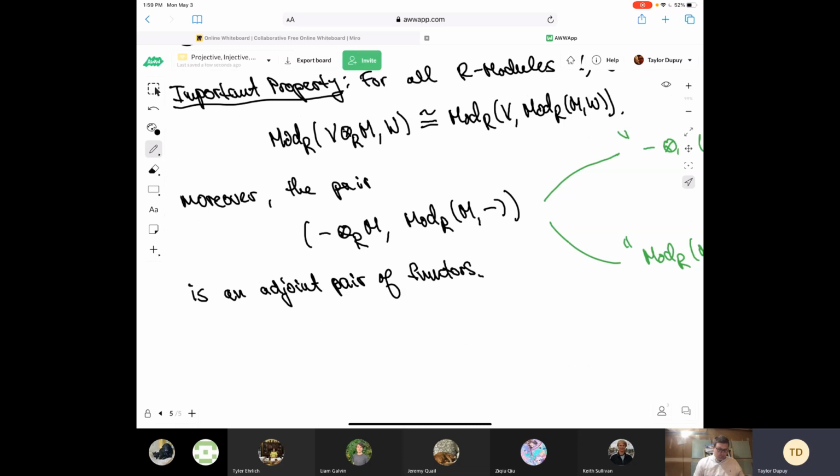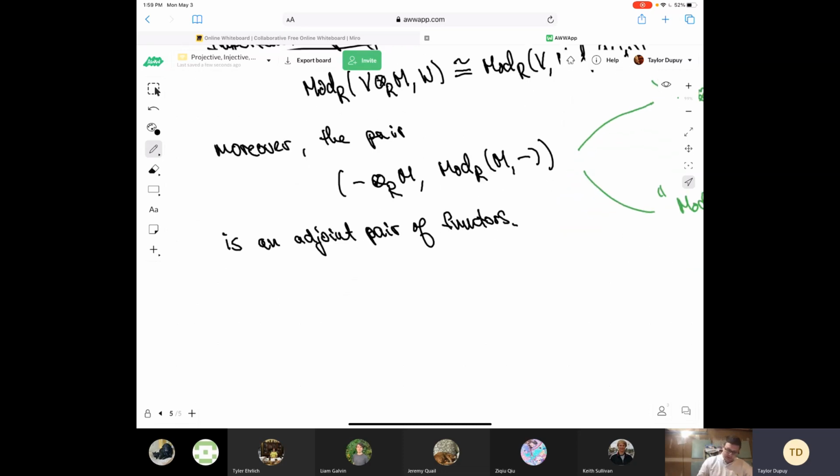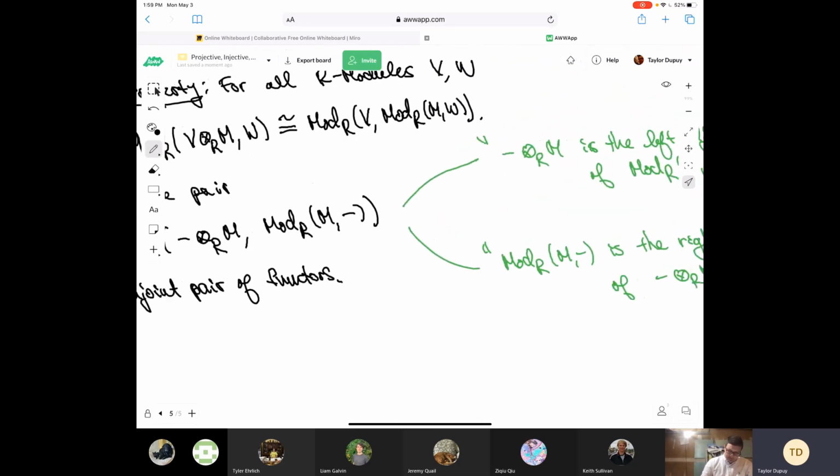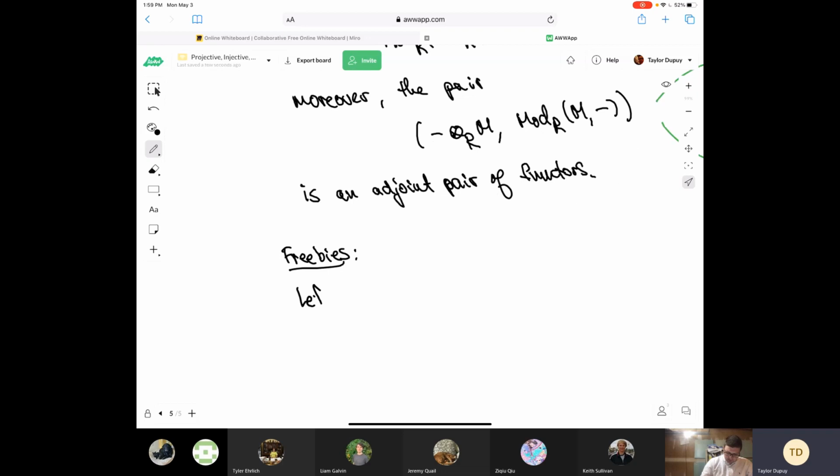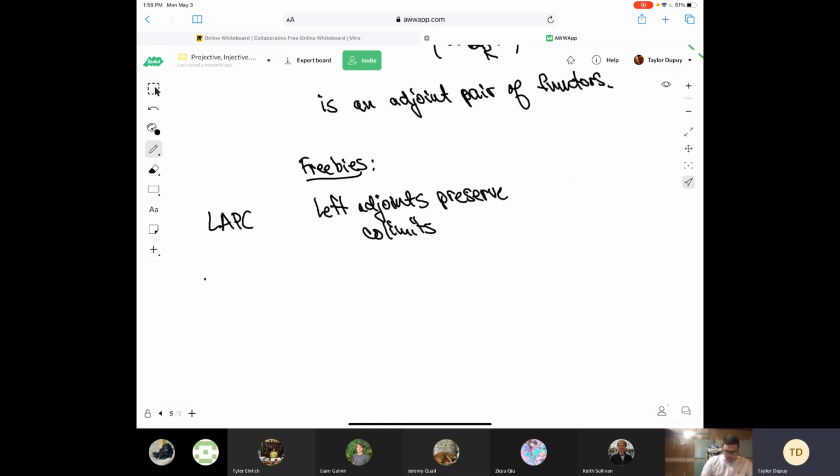Okay, so we get some freebies right away, right? So the freebies we get are, well, left adjoints preserve colimits, and right adjoints preserve limits.